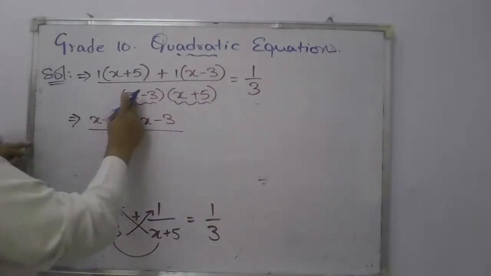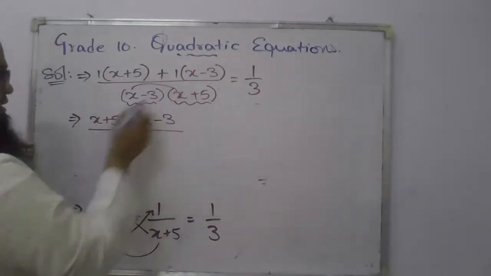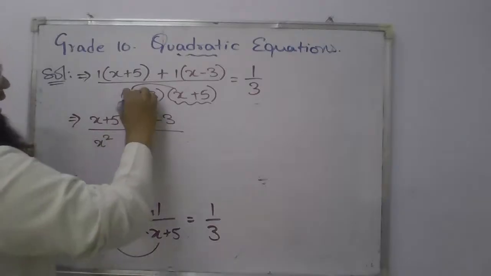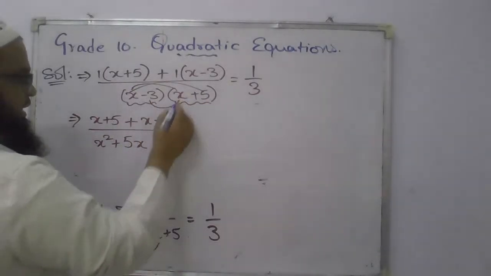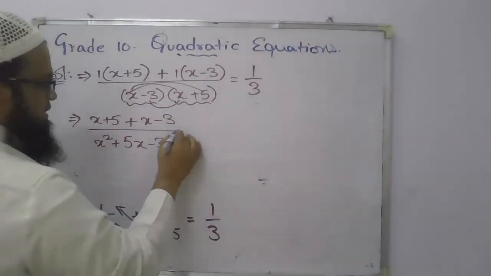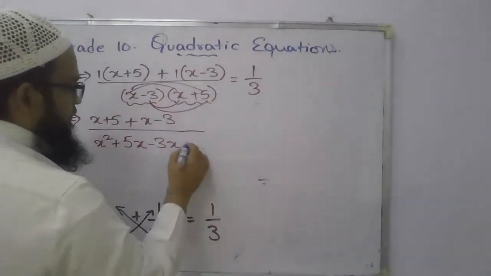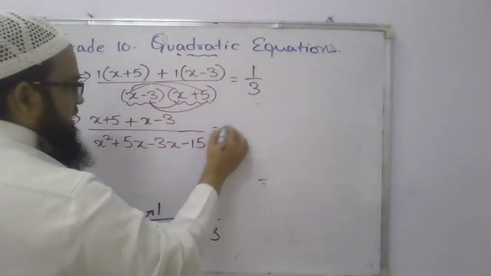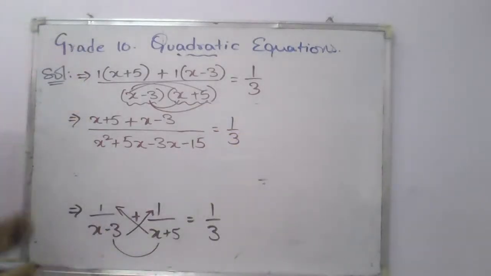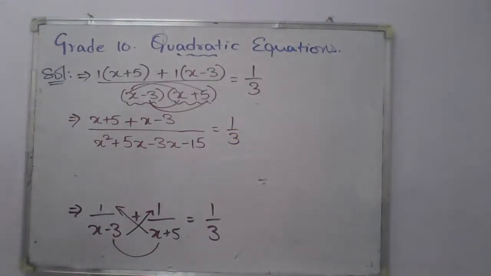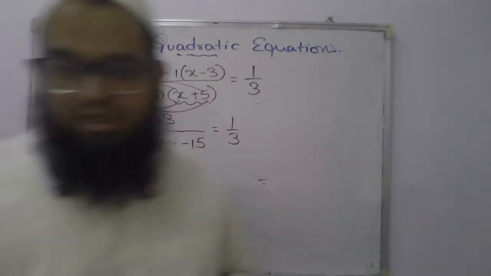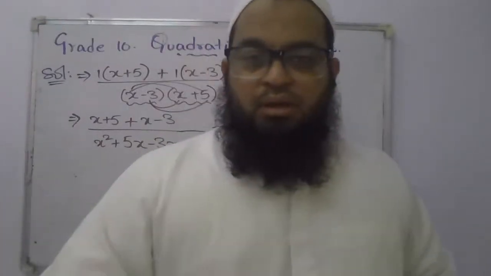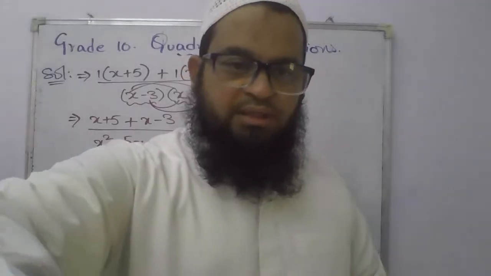Distribute: x into x is x square, x into 5 is 5x, minus 3 into x is minus 3x, and minus 3 into 5 is minus 15, equal to 1 by 3. Is it clear, my dear students? Any doubt? If you have any doubt, please message me. Give me 1 second.